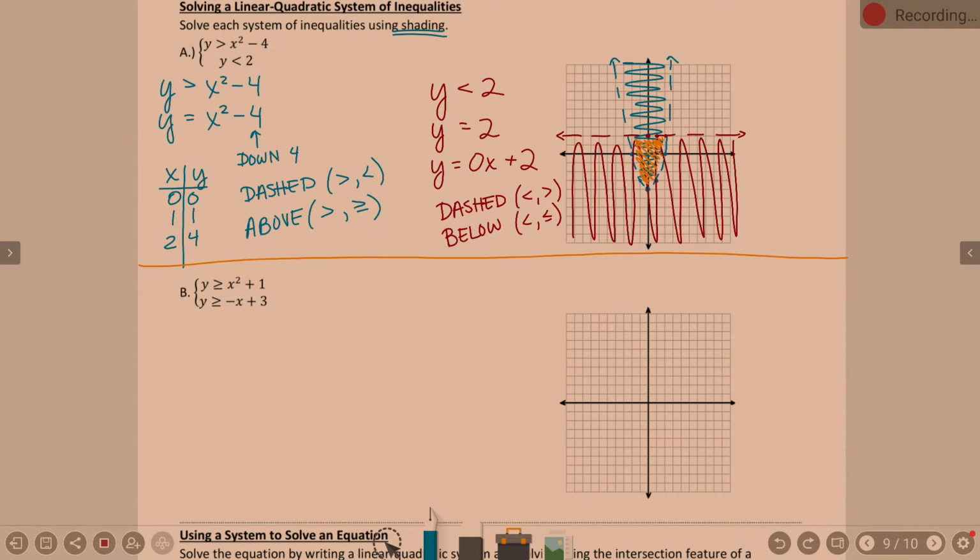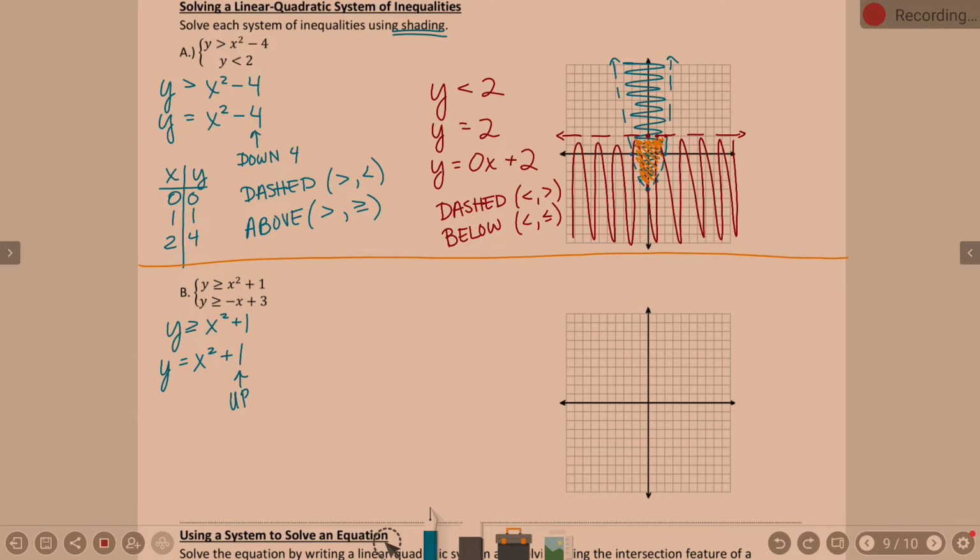First graph is y greater than or equal to x squared plus 1. And again, I forget the greater than or equal to for a moment. My brain just wants to think, okay, how do I graph y equals x squared plus 1? What is that? Parabola that goes where?